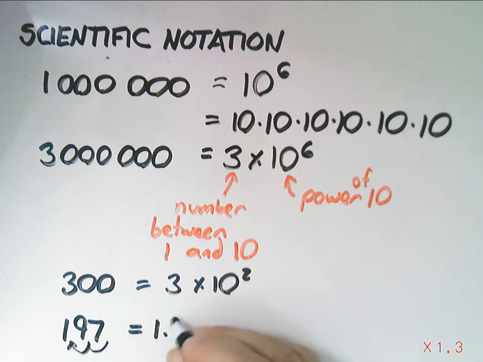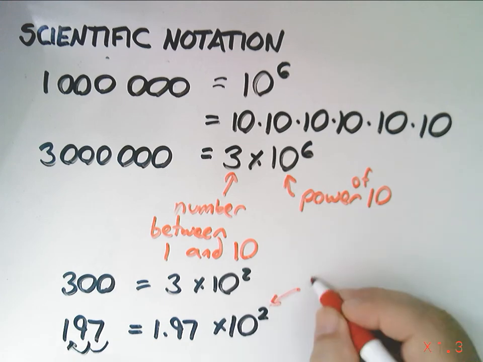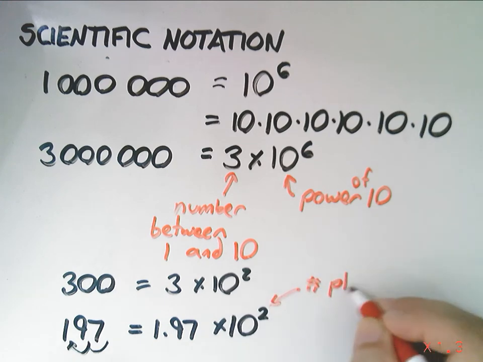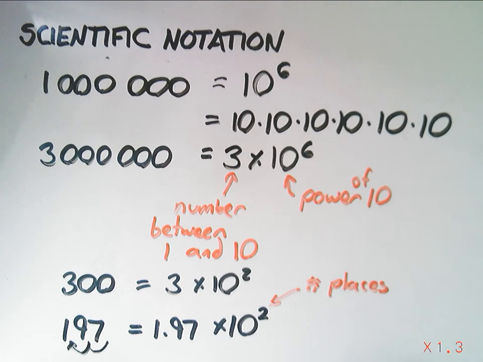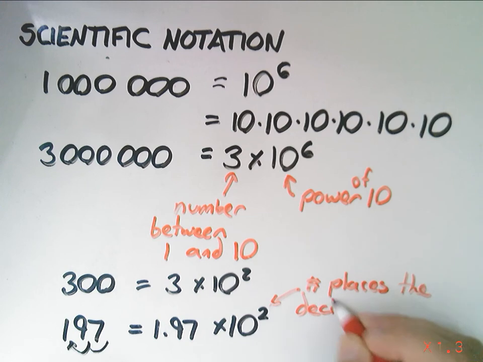Then I would have 1.97. And since I bounced it 2 places to the left, that's what the number would be in scientific notation. It's the number of places the decimal point moved.